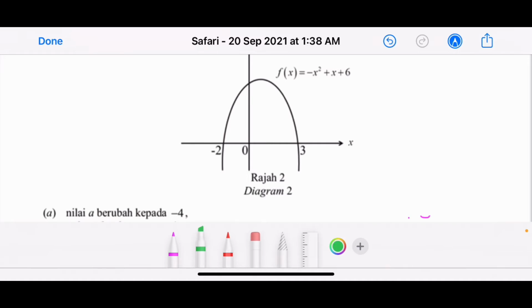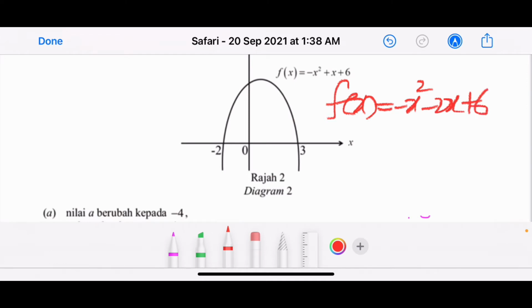That means the graph right now will become f(x) equals negative x squared minus 2x plus 6. The y-intercept remains unchanged. So if we change the coefficient of the x, the graph will shift to the left, something like this, right?